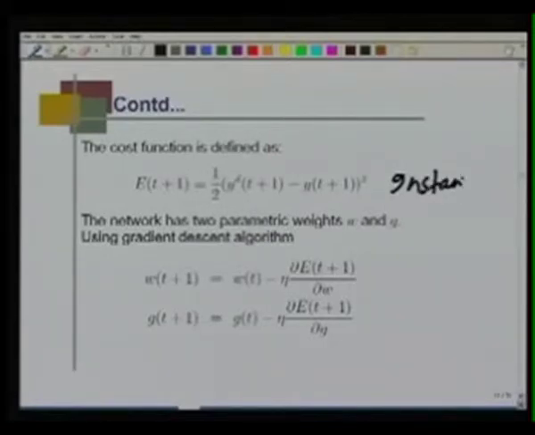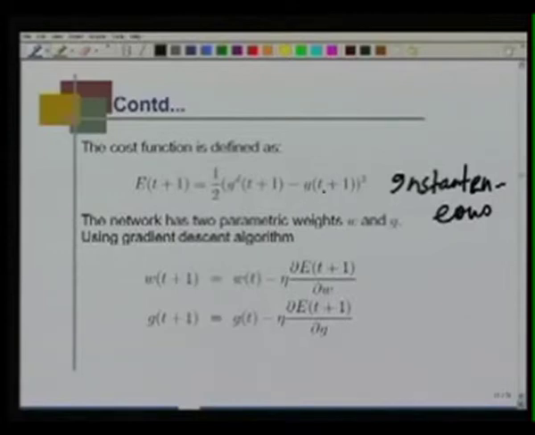So, the cost function is simply a quadratic function of the instantaneous error, that is, E t plus 1 equals half of (ydt plus 1 minus yt plus 1) squared.